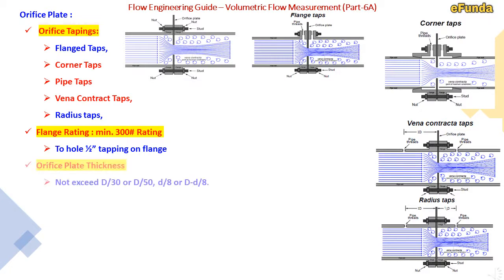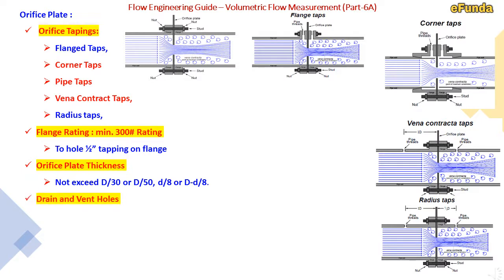There are various plate thicknesses and one should ensure that this does not exceed capital D by 30 or capital D by 50 or small d by 8 or capital D minus d by 8. Basically capital D is the pipe ID and small d is the bore ID.